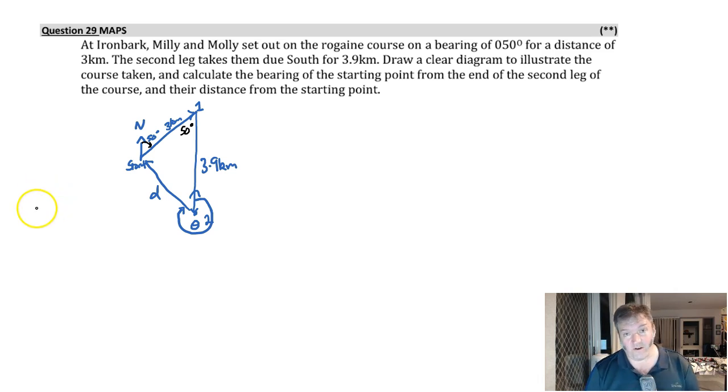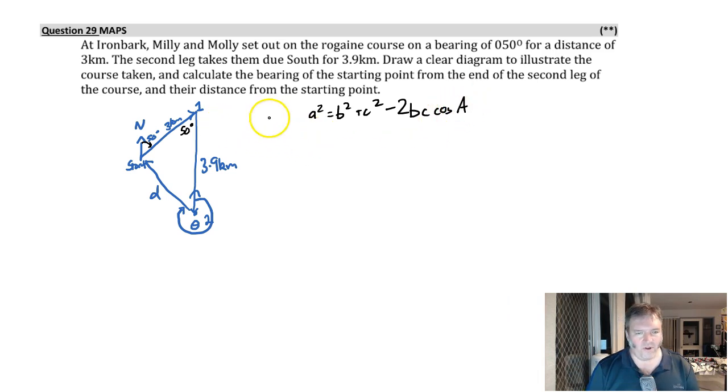I could also use the area of a triangle rule, but we're not after the area. So yes, cosine rule. Usually we write our cosine rule like this: a squared equals b squared plus c squared minus 2bc cosine A. Well, remember that the a is a side length and cosine A is the angle in between the other two sides. We can figure out what to do for this one. So I'm going to have, in this case, d squared, the distance I'm trying to find.